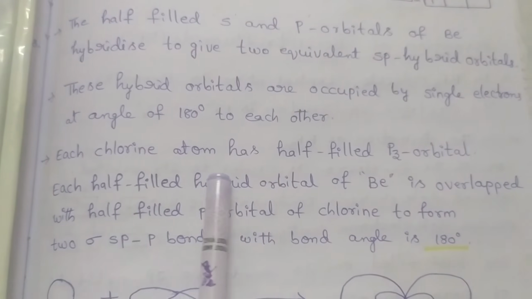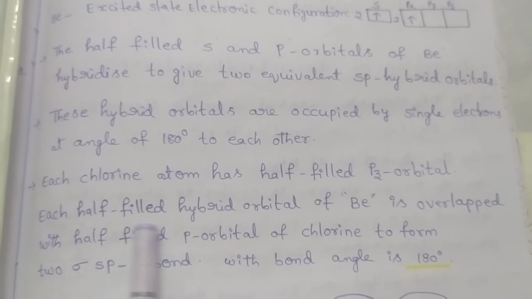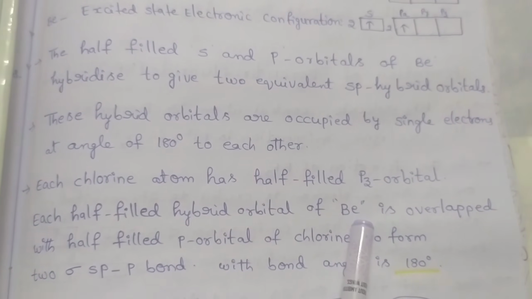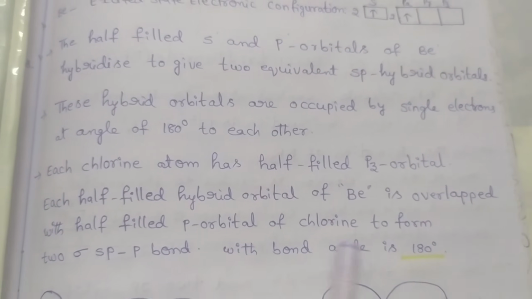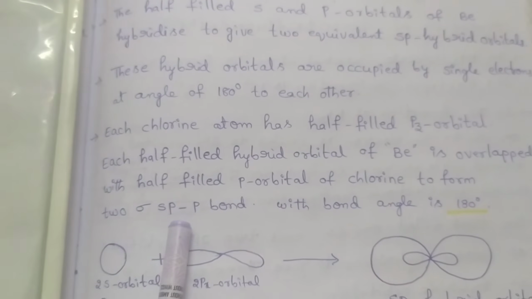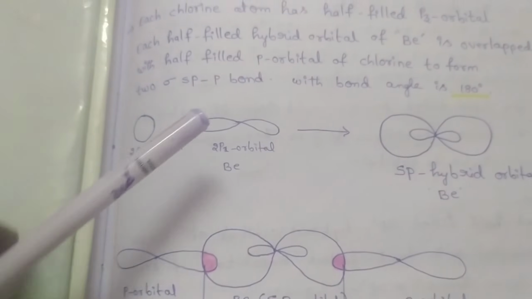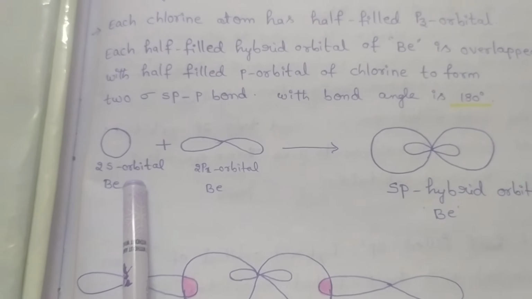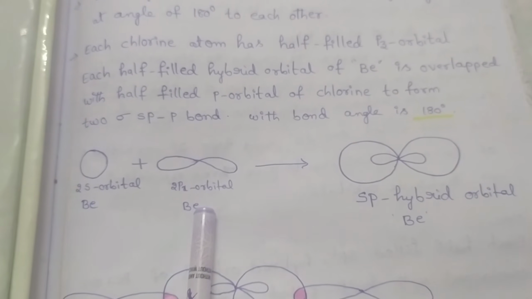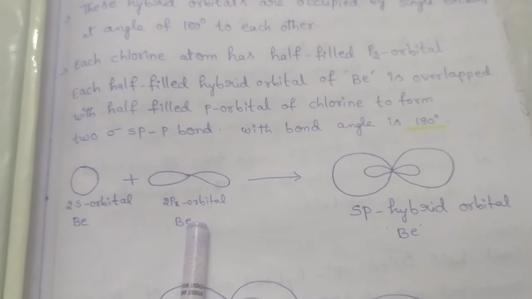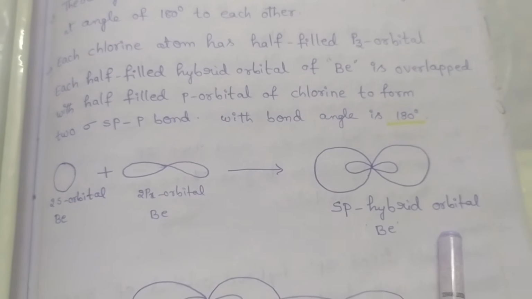Now, each chlorine atom has a half-filled pz orbital. Each half-filled hybrid orbital of beryllium is overlapped with the half-filled p orbital of chlorine to form a sigma sp-p bond with bond angle 180 degrees. When we observe here, the 2s orbital of beryllium is combined with the 2px orbital of beryllium and forms a set of two new sp hybrid orbitals.